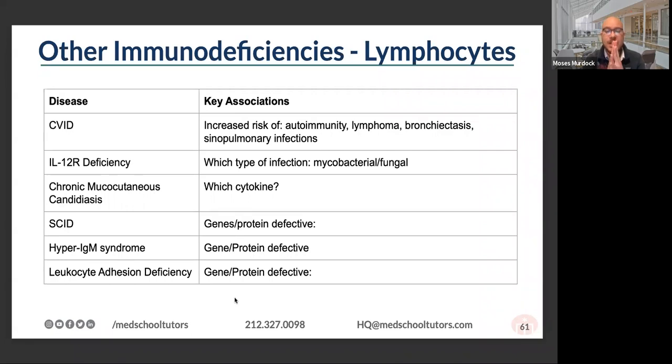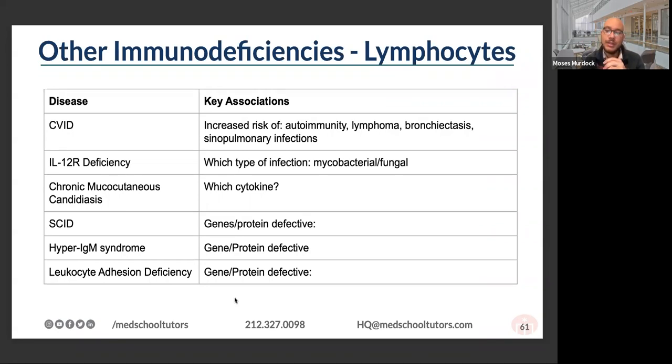Wonderful. Next, we have chronic mucocutaneous candidiasis. The name really gives this away. I wanted to focus in on the cytokine that's involved. Obviously, the Candida is abnormal, and what I'll also say is that you might hear in the vignette that they have an abnormal response to Candida antigens if you do a skin test.